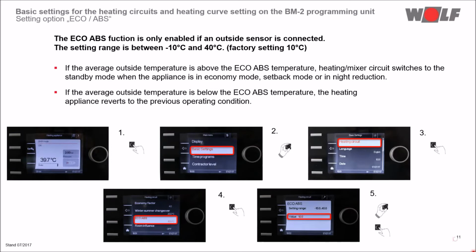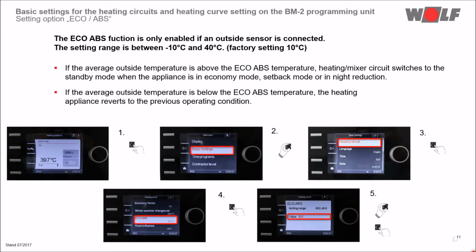If the average outside temperature is above the eco-ABS temperature, the heating and mixer circuit switches to standby mode when the appliance is in economy mode, setback mode, or night setback. If this value is below the eco-ABS temperature, the heating appliance reverts to the previous operating condition.